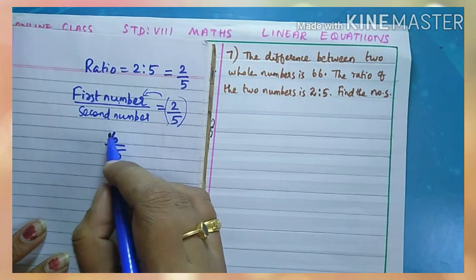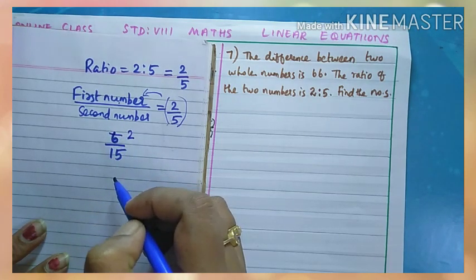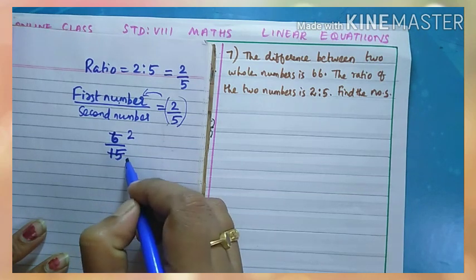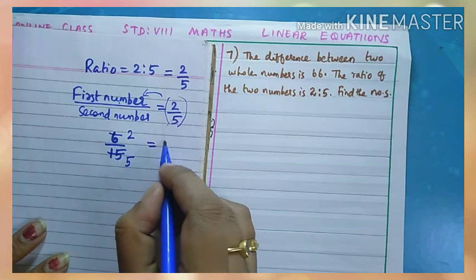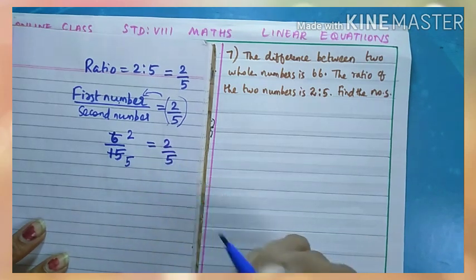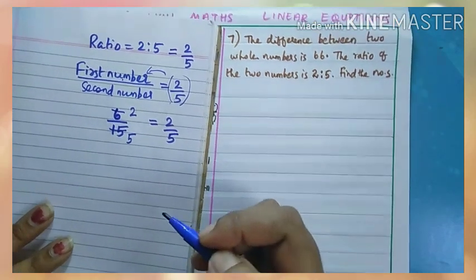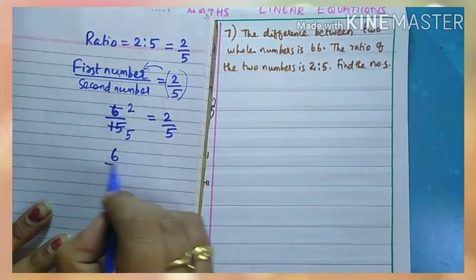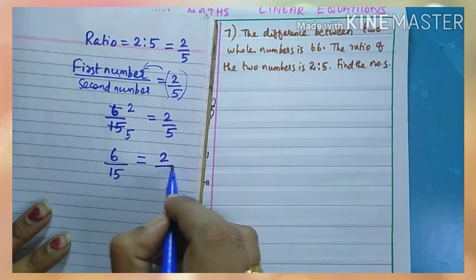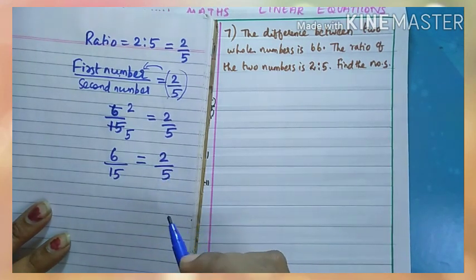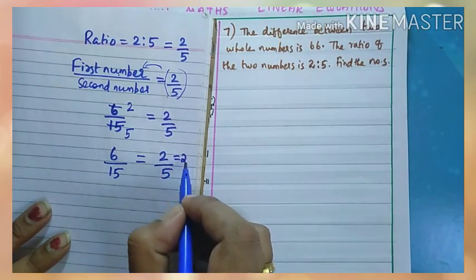So if I am reducing this by 3, 2 3s are 6 and 5 3s are 15. So what is the answer we got? 2 by 5. Okay, so first we have 6 by 15 here, and it is reduced to 2 by 5. So this 2 by 5 means what? 2 is to 5.